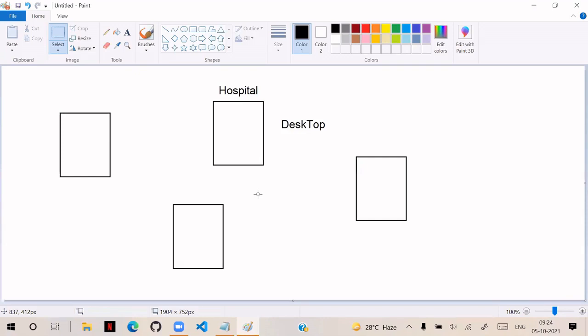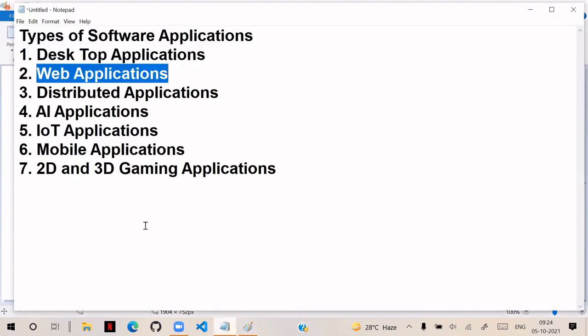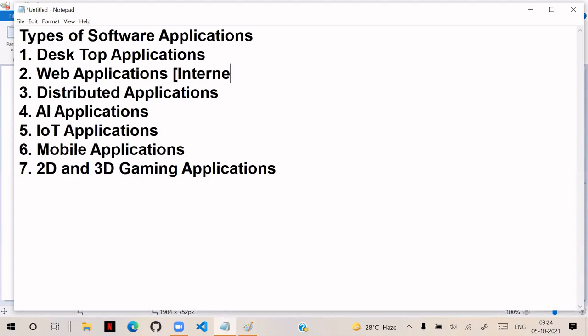On the internet, they have to provide a service so that anybody can access the information. They can watch the details. They can handle the details through the internet. These kinds of applications come under the category of what? Web application. Web application means internet-based applications. What are the drawbacks and differences, all this we will discuss.